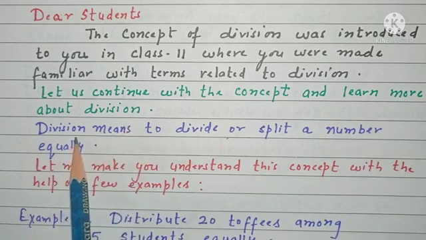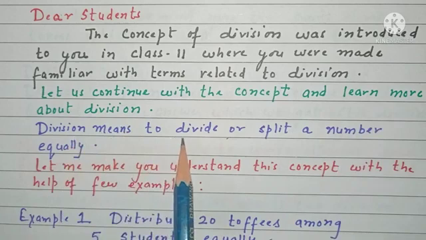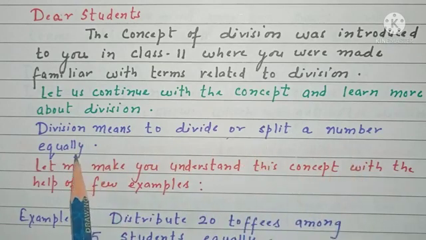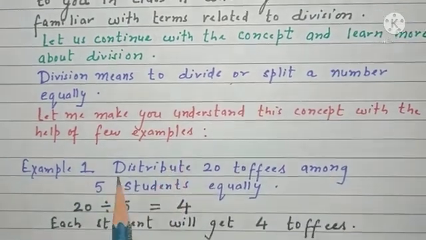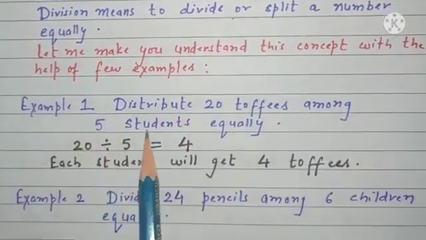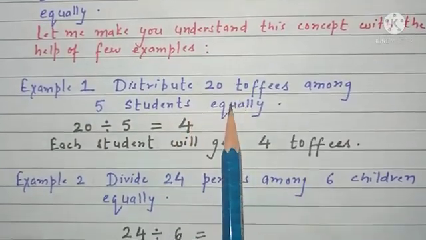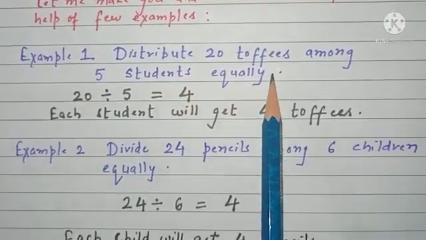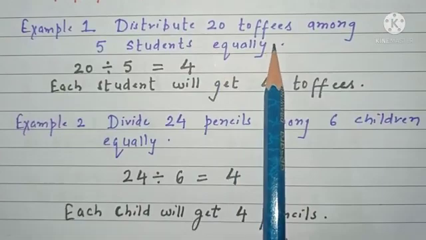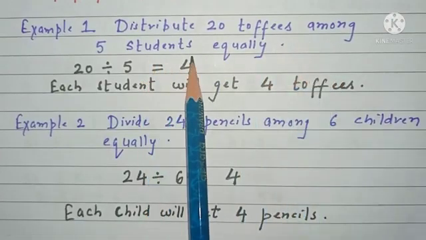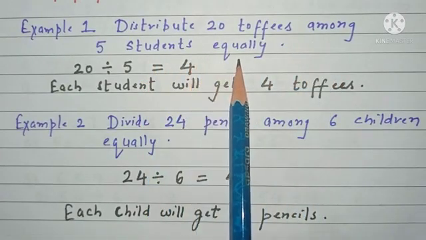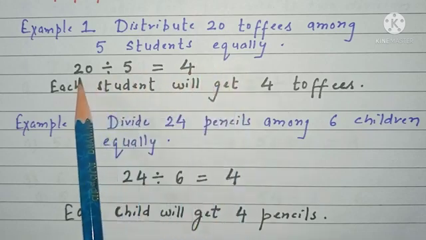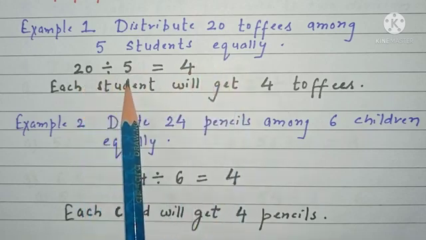Children, division means to divide or split a number equally. Let me make you understand this concept with the help of a few examples. As per example number 1, suppose we have 20 toffees and we need to distribute these 20 toffees equally among 5 students. So that means 20 is to be divided among 5 students.